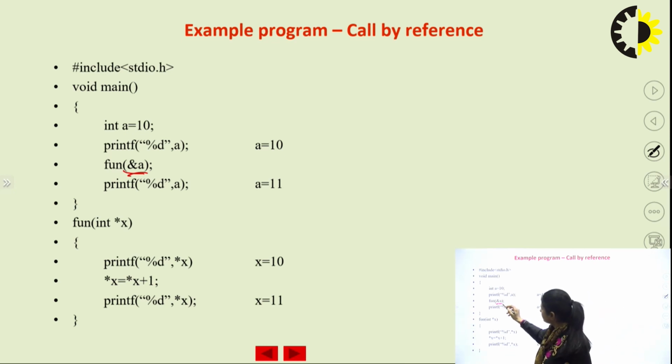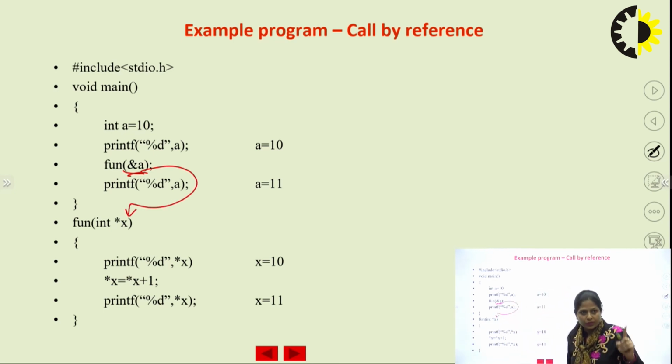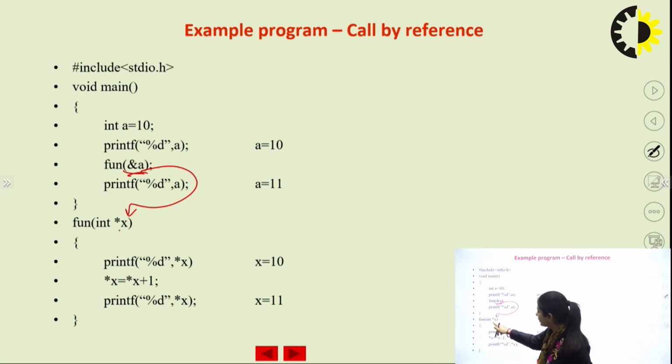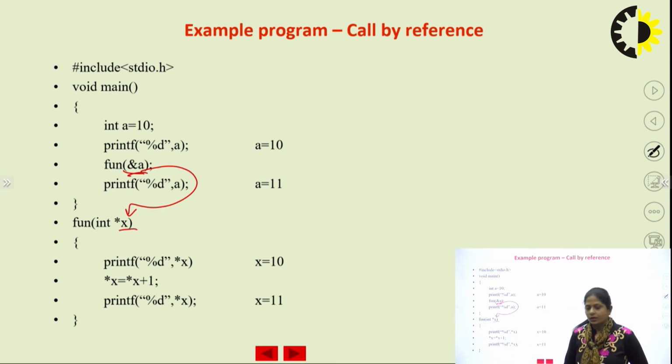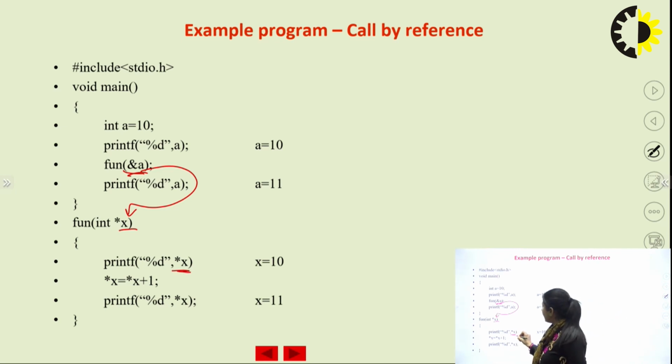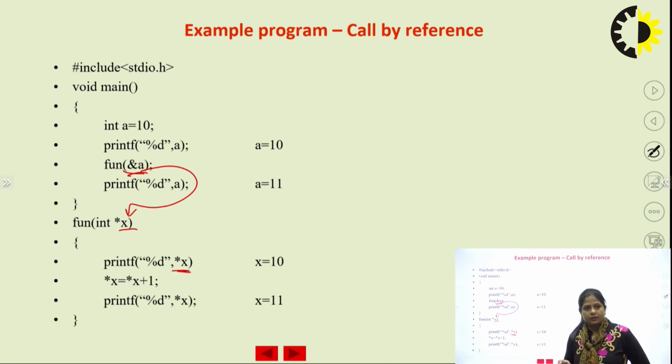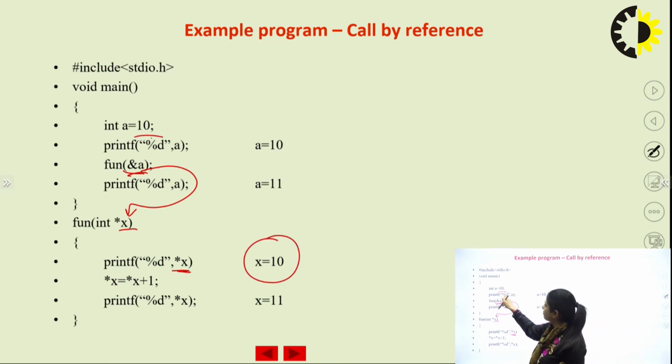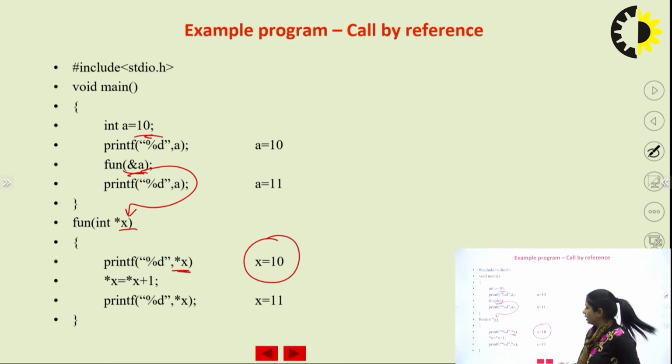I have passed the reference because I am passing the address, so it must be a pointer variable. So that is why I have taken a pointer variable x. Now, if you try to print the value at x, that is 10, because we have passed the value of a.